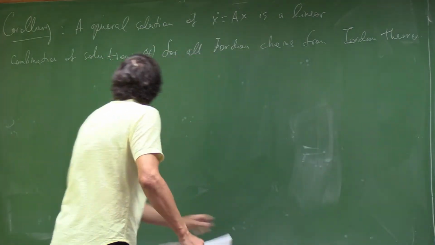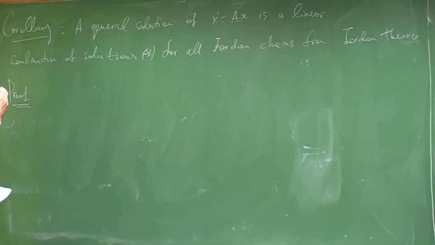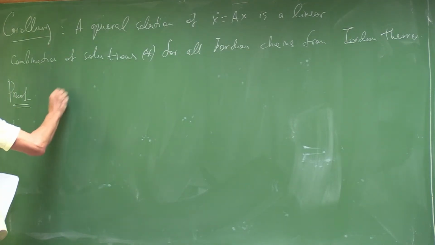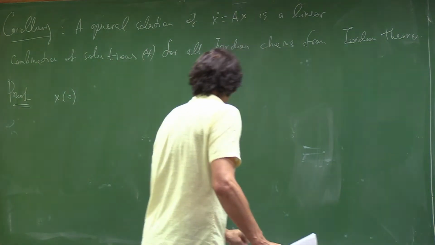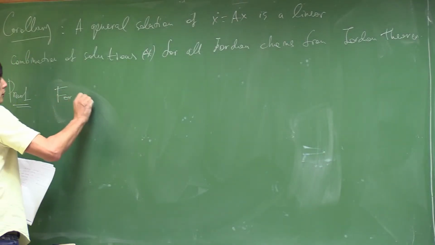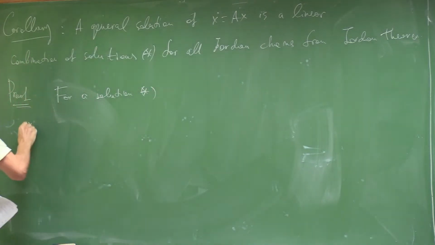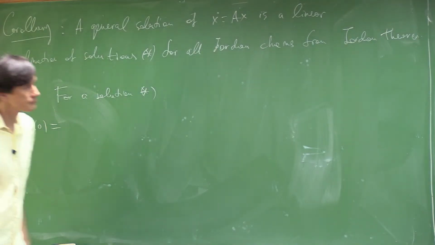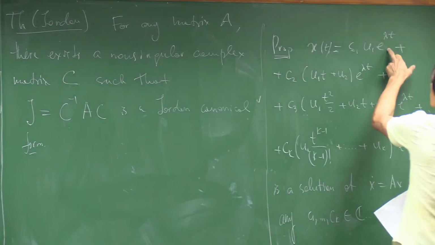Why? The proof is very simple. First of all, we know it's a solution, but we have to check that they give the arbitrary initial condition. So what is x of 0 for the solution star? When you put t equals 0, all exponents become 1.